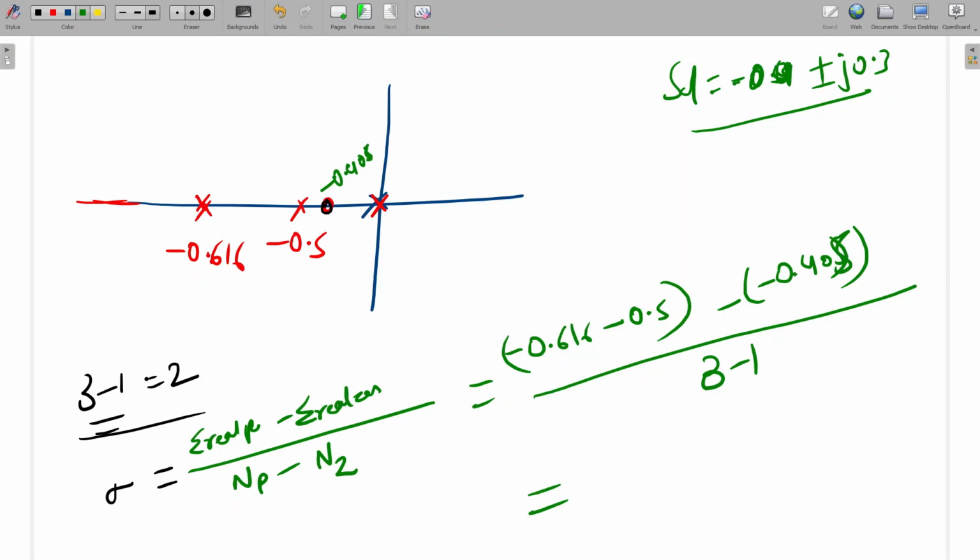Minus 0.616 minus 0.5 plus 0.405, divided by 2, we are getting minus 0.355. Is it correct?